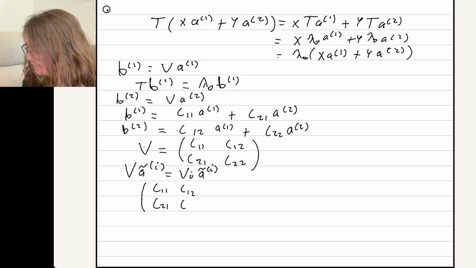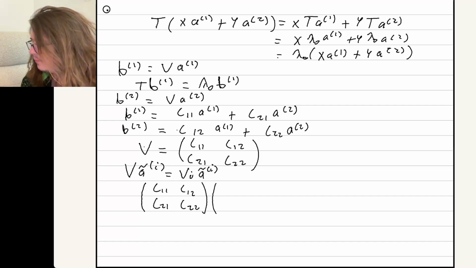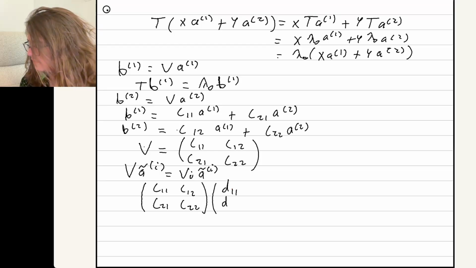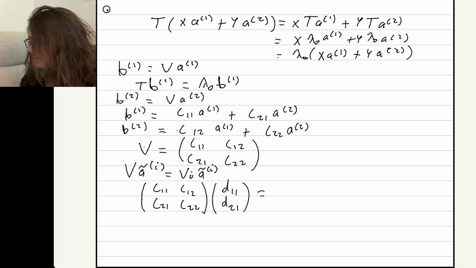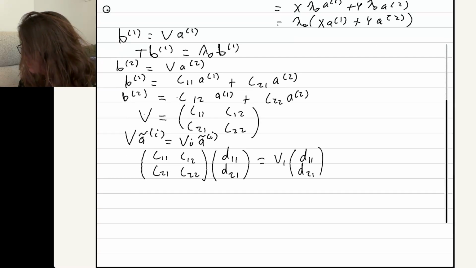You can write it like this. We don't actually know what the A tildes are, so all we can do is put constants here. So this is D11 and D21, and on the other side you have V1 times D11, D21, the way that I've set it up for V1.